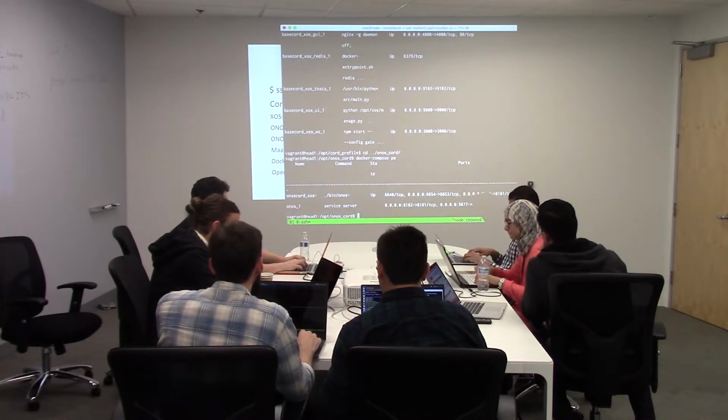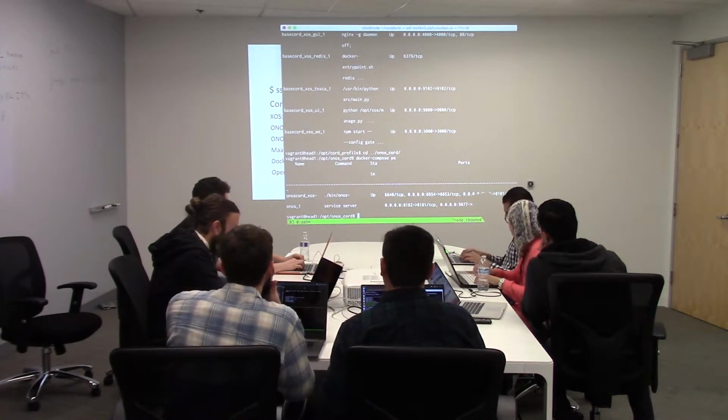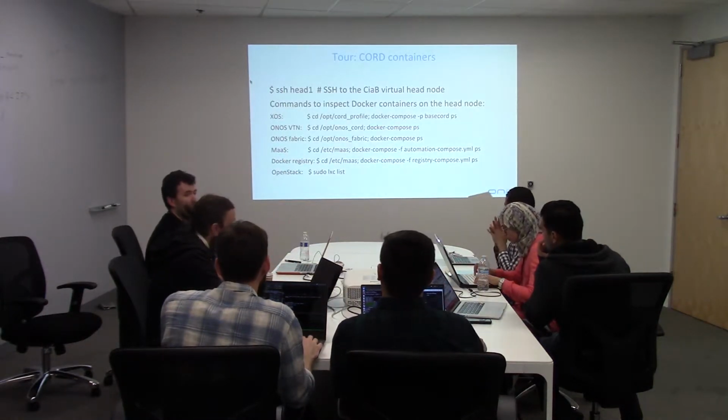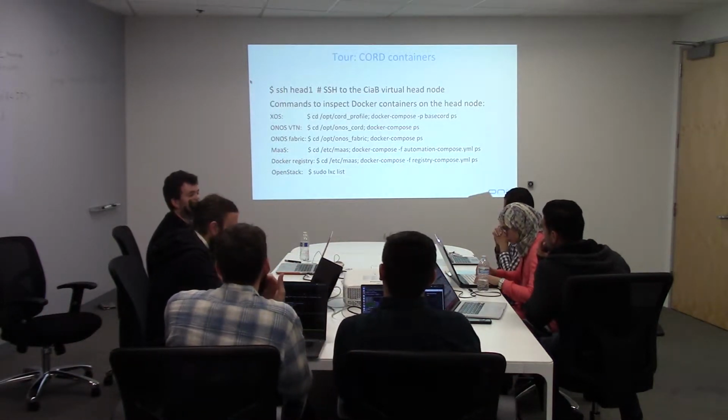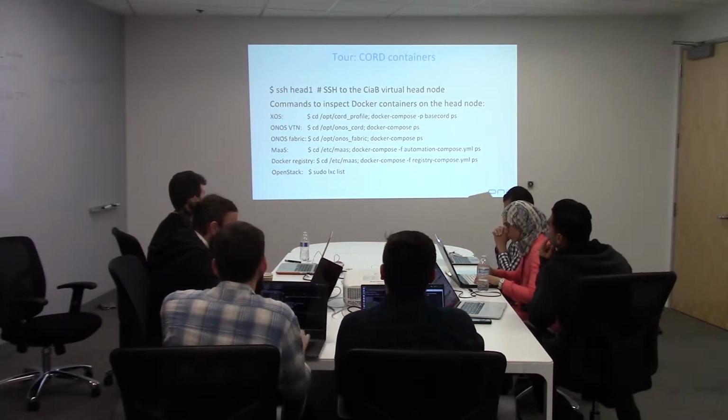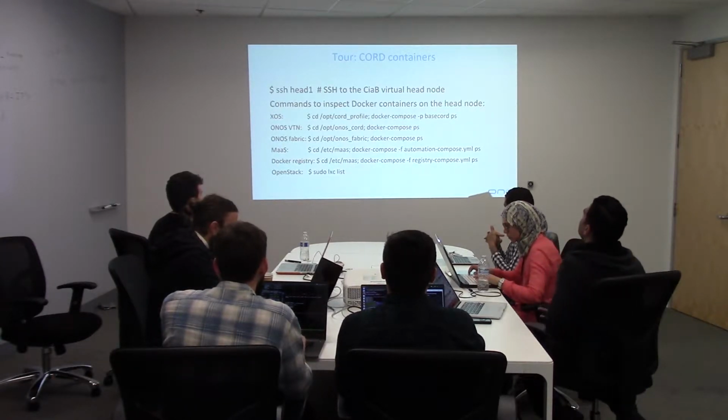You'll see that the ONOS core container is running. There's also, we use a thing called MAAS, which is Metal as a Service. It's a Canonical product, but we have augmented it with some additional Docker containers for that. That's also available. There's also Docker Registry, which is managed by MAAS.